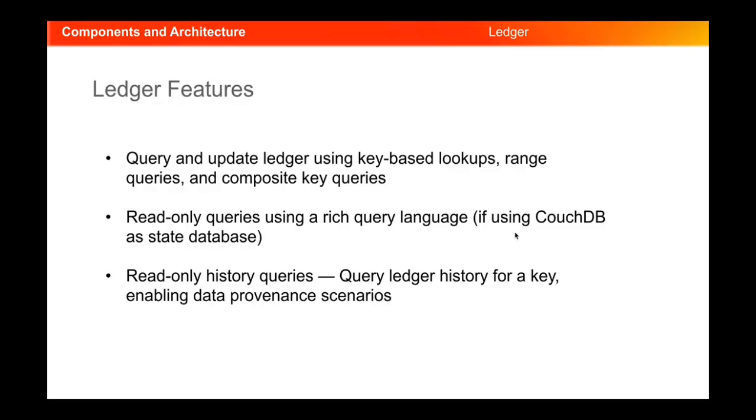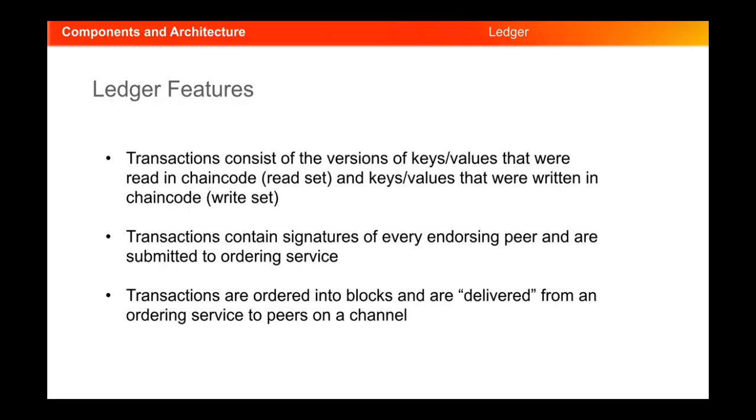You can also get the history of a particular asset by running read-only history queries. Querying ledger history for a key enables data provenance scenarios. Using the key of an asset, you can get the details of the asset, what all the states or stages that asset has been through. So you can get the history of that particular asset.